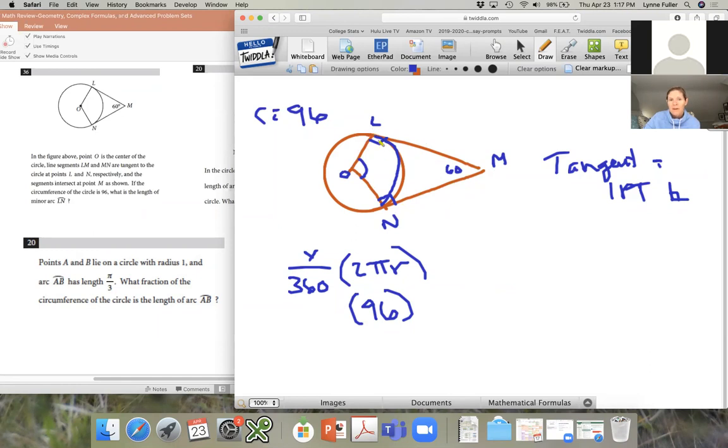So if I have 360 minus 90, minus 90, minus 60, I'm left with 120 degrees in here. So that means 120 out of 360, which is 1/3 of 96, would give me the length of that arc, which is 32.